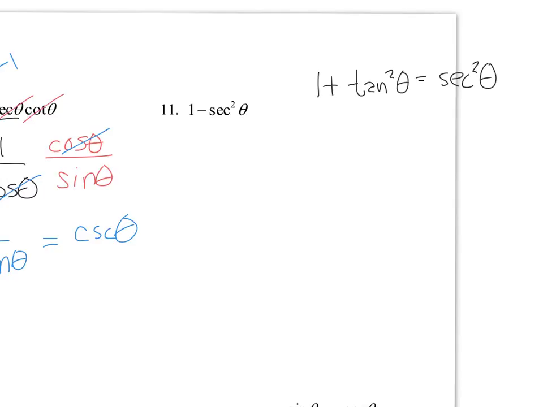So if I subtract secant squared theta from here, and I subtract tangent from here, I'm left with negative tangent squared theta, which is simpler because it's one term.